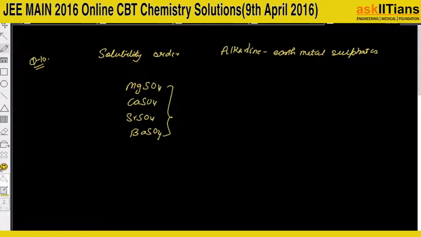Now students, you know that if you have an ionic compound A plus B minus, and if the sizes of these two cations and anions are approximately similar, that means the force of attraction will be maximum, the bond will be completely ionic in nature.